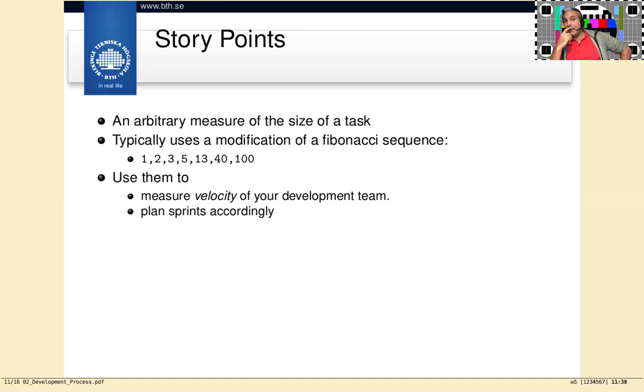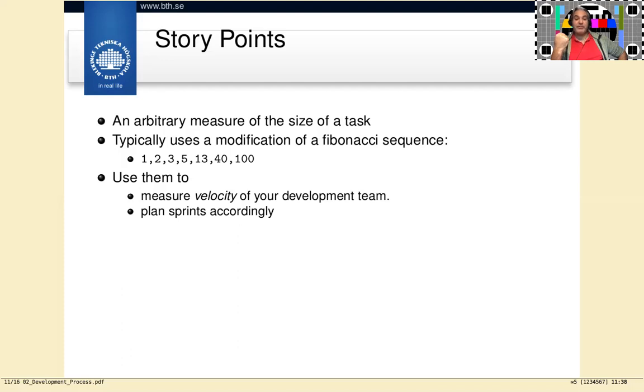The amount of story points that you want to assign to a user story depends on the team that you are. So this is not something that can be done company-wide. Each development team has their own velocity, and they assign story points based on their velocity and what they think.